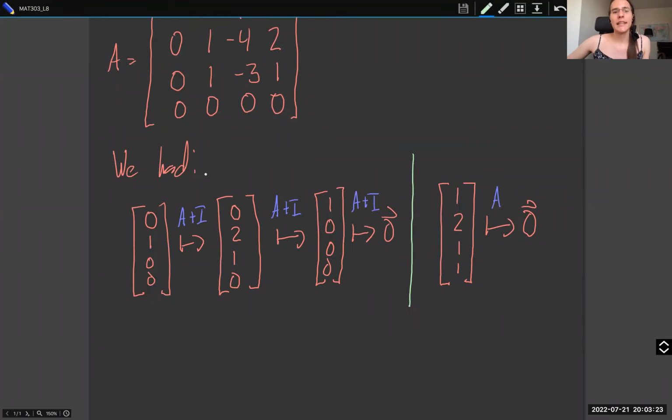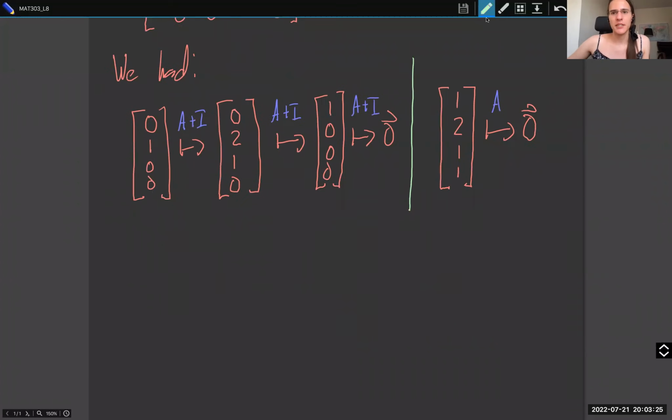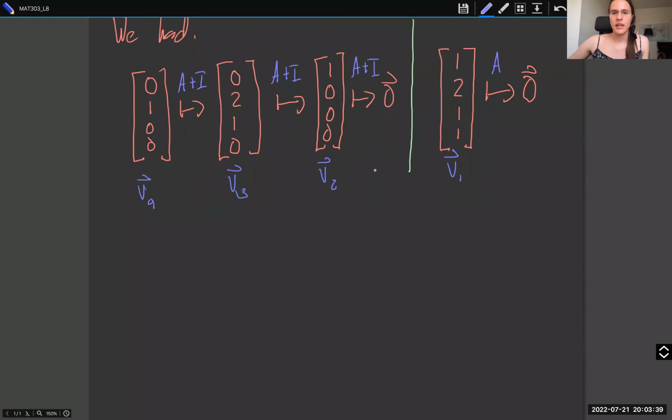And so this actually gives you the structure of the matrix. So let's say that this is going to equal V1. This is going to equal V2. This is going to equal V3. And this is going to equal V4. Then what we have is that A of V1 is equal to 0, right?